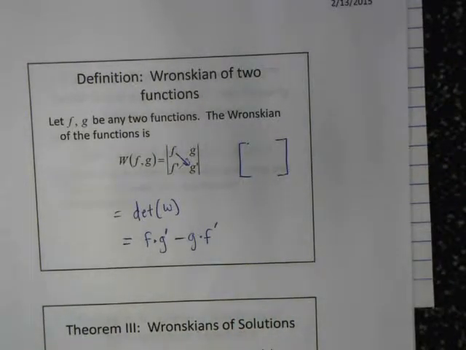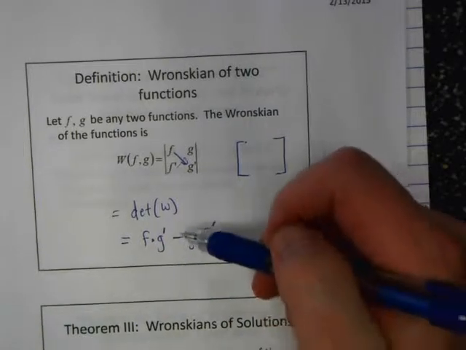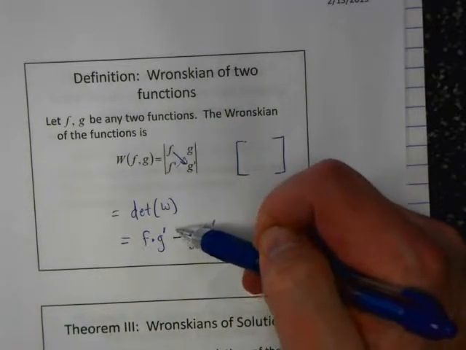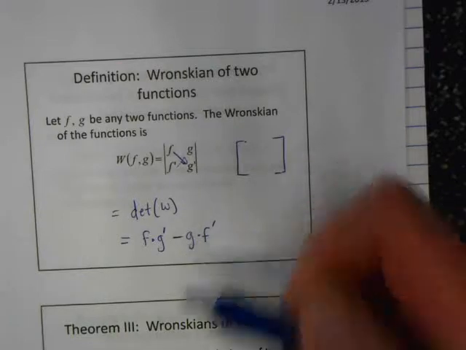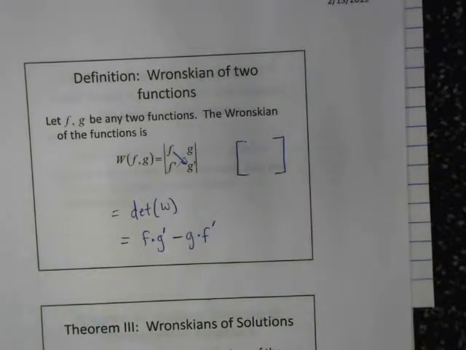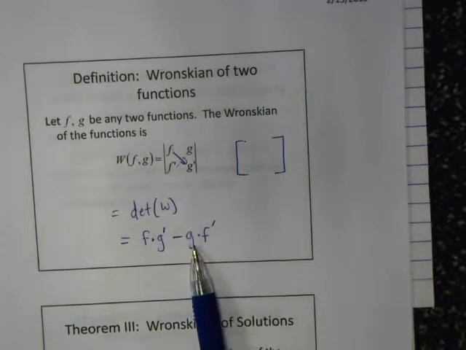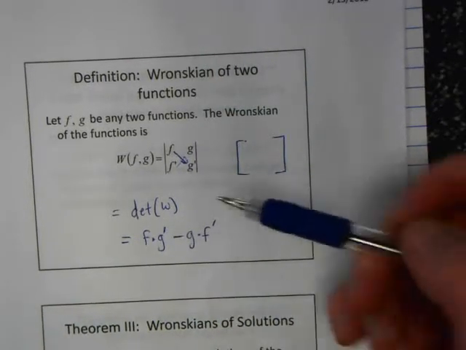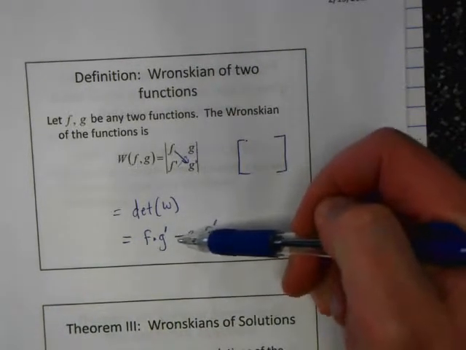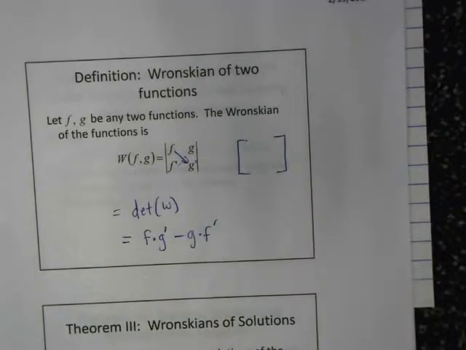It looks an awful lot like a product rule, doesn't it? Leave one alone, take the derivative of the other, then leave the other one alone, take the derivative of the first, except the product rule would have a plus in the middle.